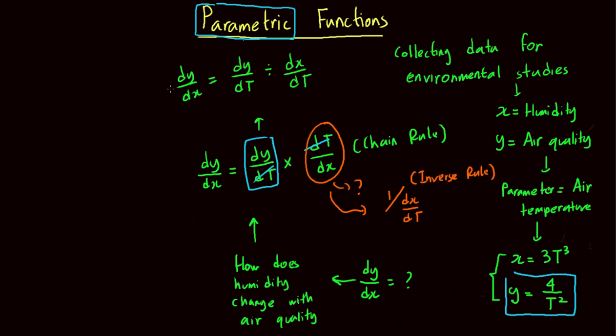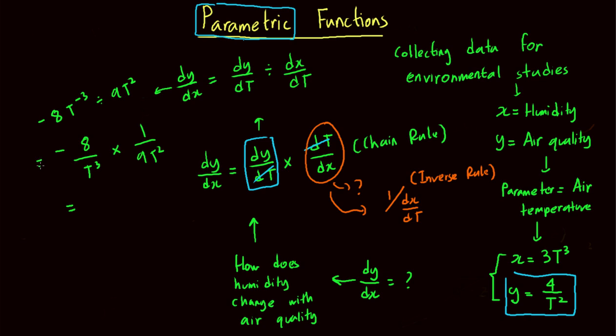So in this case, if we were to do the differentiation, dy/dt would be negative 8 to the power of t to the power of negative 3, divided by 9t squared. Okay, so that would be negative 8 over t cubed times 1 over 9t squared.